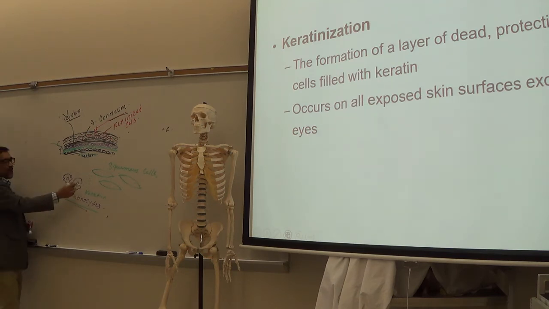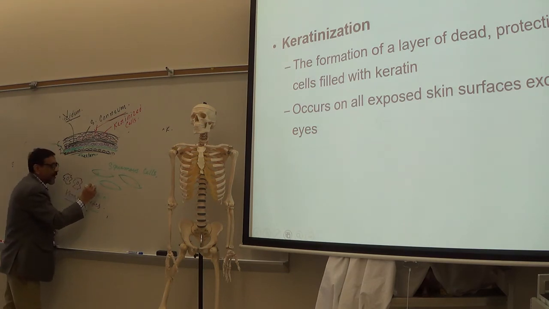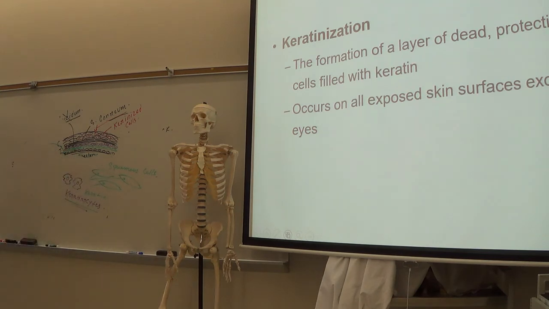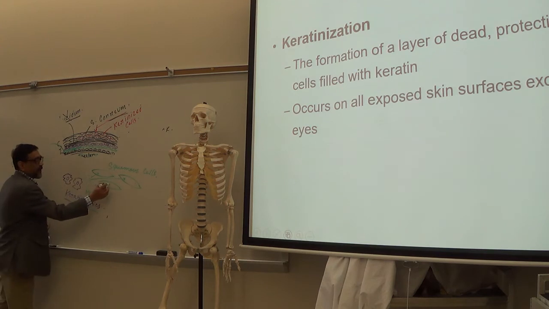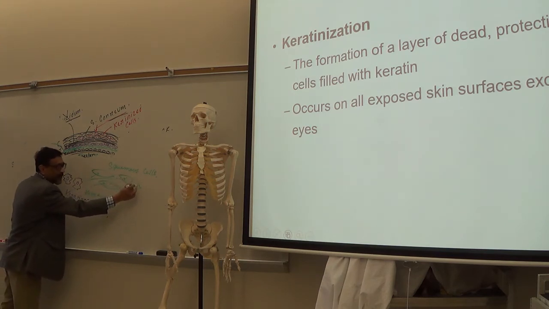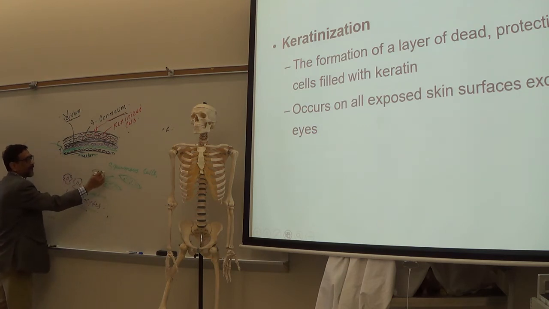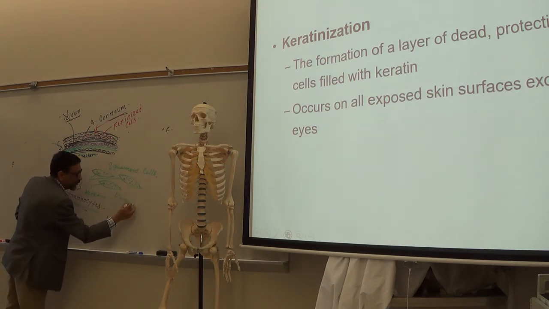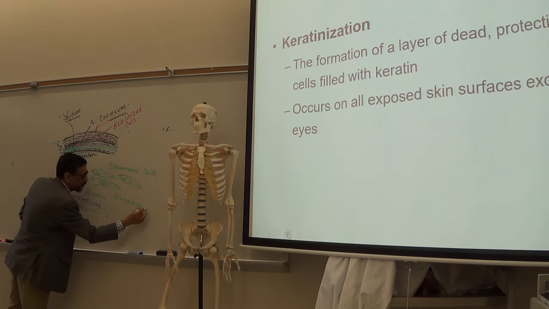Okay. So this keratin then enters into the squamous cells. Make sense? And they get filled with keratin. These squamous cells get filled with what? Keratin. Okay? So these cells are called keratinized cells.